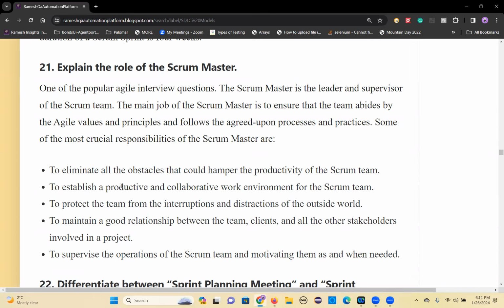In that sprint planning meeting, the user stories will be picked up from the product backlog and assigned to the Scrum team. They will discuss each user story and give story points for each user story. If you can explain these points, that's so good.